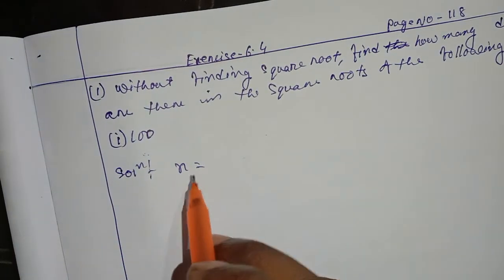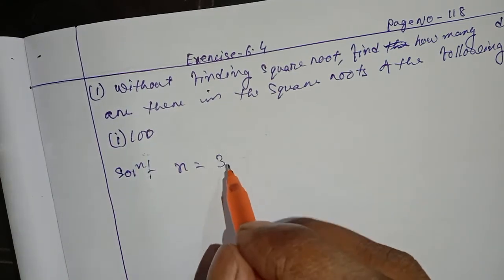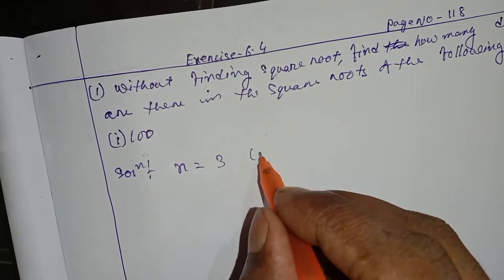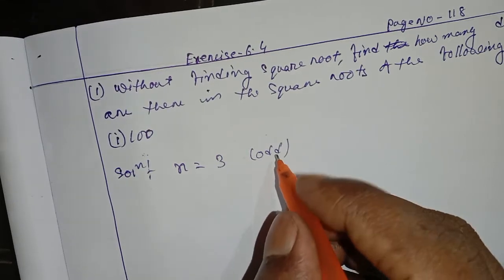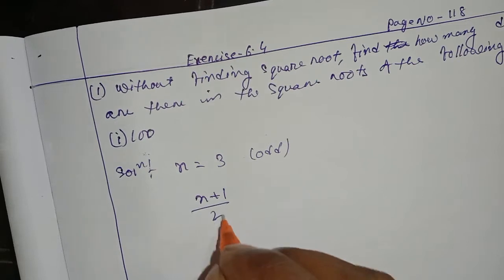n equals how many? You have to count the digits: 1, 2, 3. So n is 3. Is it odd? Yes, and if odd, then the formula will be (n plus 1) by 2.